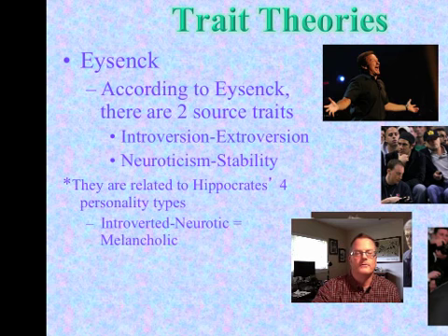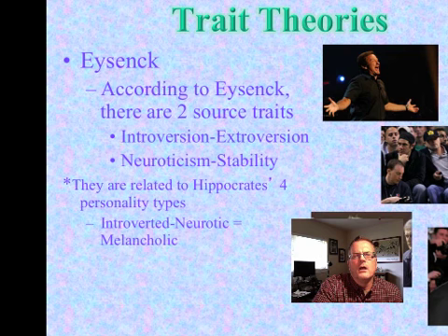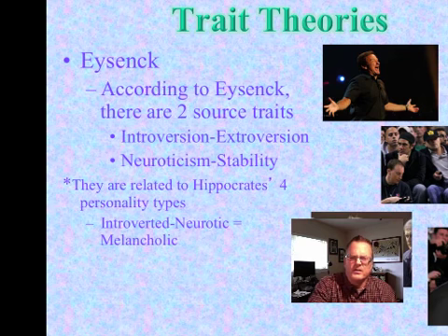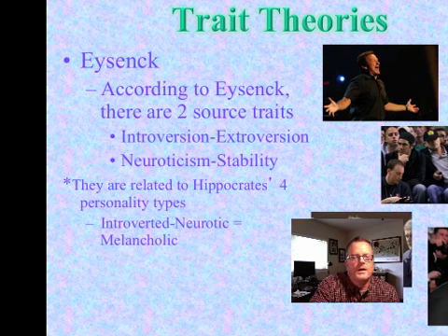And together, a person's scores on these two measures lead to one of the personality types that Hippocrates and Galen, should actually say Galen. Hippocrates contributed, but it was actually Galen's theory, can lead to one of those personality types.